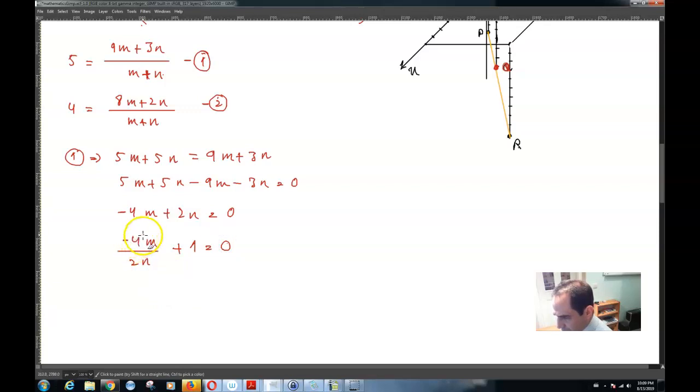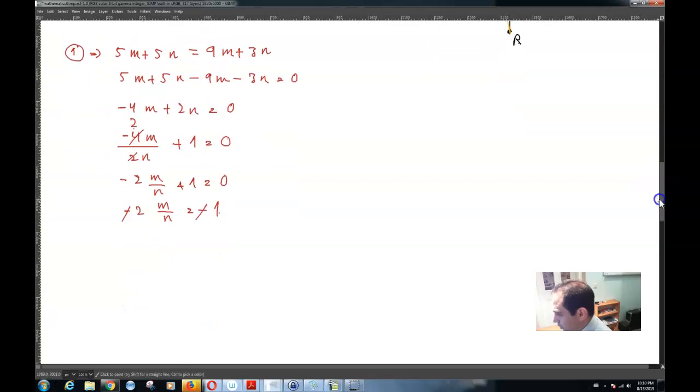Over here I have a 2, so negative 2 times M by N plus 1 is equal to 0. And negative 2 times M by N is equal to negative 1. Cancel these two out, and then you will get M by N is equal to 1 divided by 2, which means that M is equal to 1 and N is equal to 2.